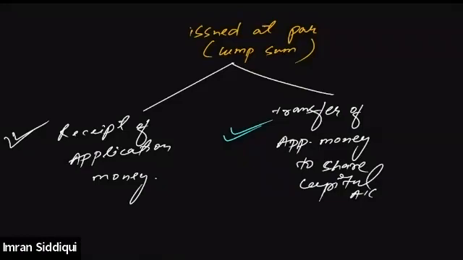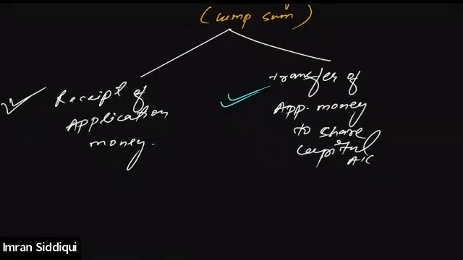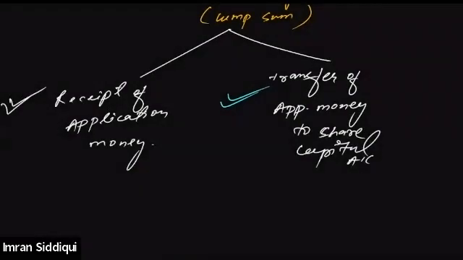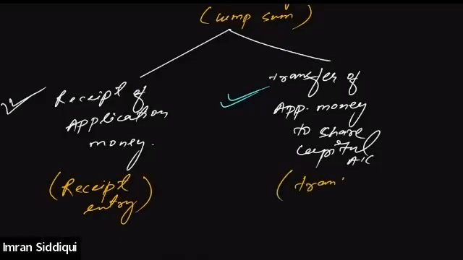Now, as soon as the application amount is received, the journal entry that we do is also called entry for the receipt of application. This is called receipt entry. And this is also called transfer entry.